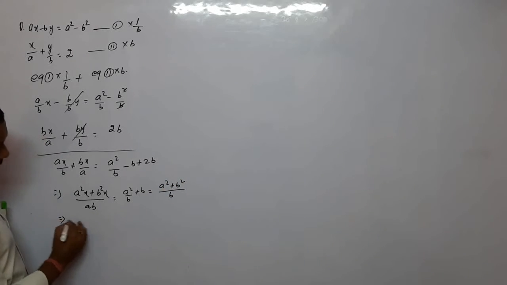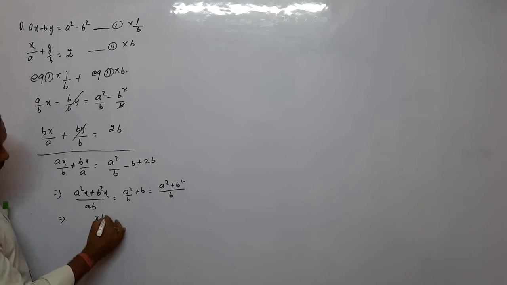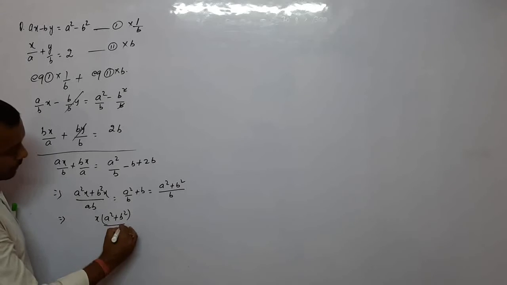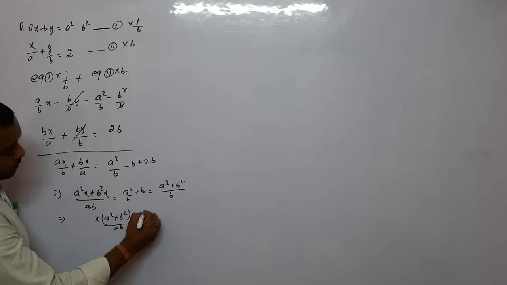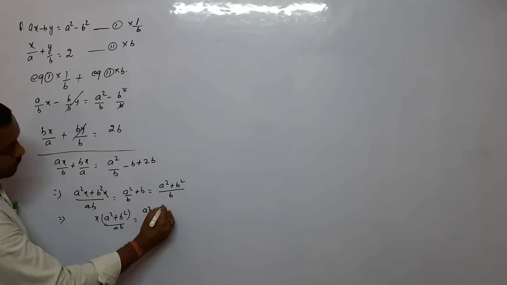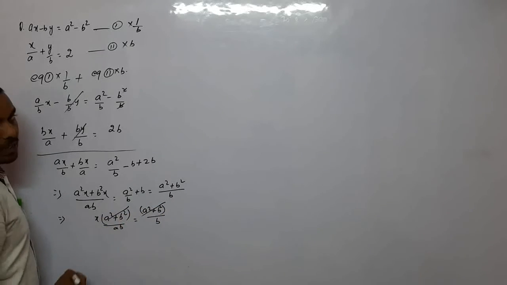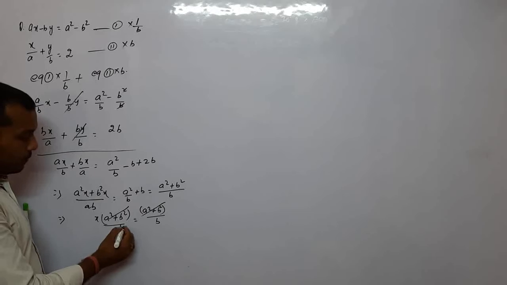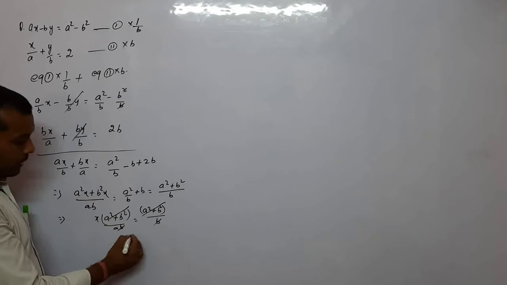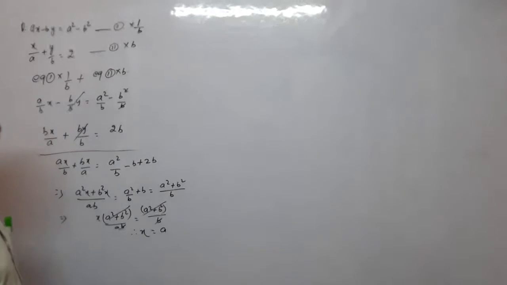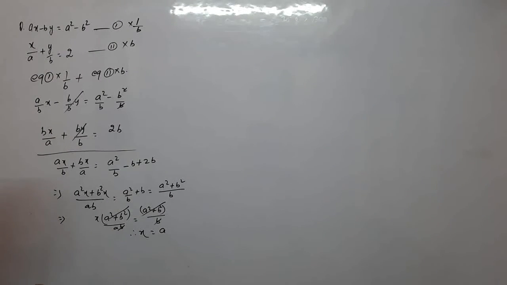Here take x common, so we will have a square plus b square by ab equal to a square plus b square by b. The common value gets cancelled out, and b will also get eliminated. Therefore x equal to a. We have obtained the value of x equal to a.